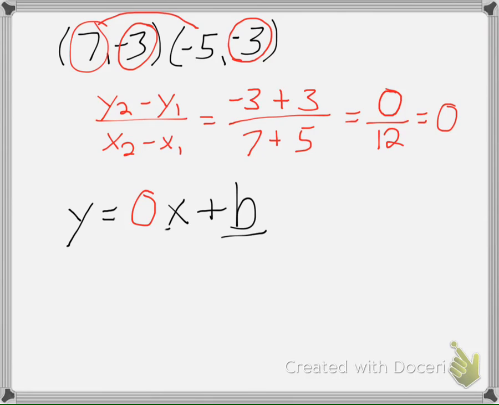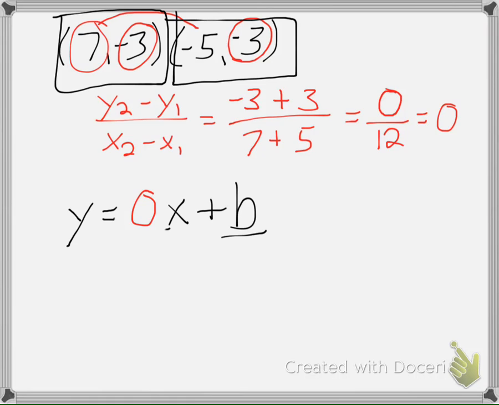Now, I don't know what my y-intercept of this line is, okay? But I do know that this point, 7, -3, is on that line. And I know that this point, -5, -3 is on that line, right? If I have points on the line, what are they to that line?